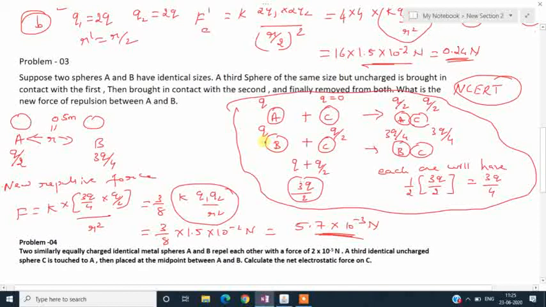Similarly, here I brought Q and Q by 2. The total charge of the system is now 3Q by 2. When they are made in contact, each one will get half of this. Half of 3Q by 2 is 3Q by 4. Alright, then you find out the force between them.